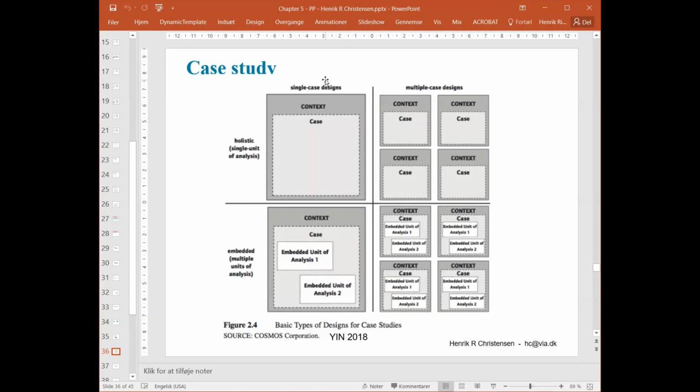Because that would help you to understand what it is that you need to do. And simply understanding that you have to look for two different kinds of units for analysis will help you understand specifically how to approach the data collection later on.